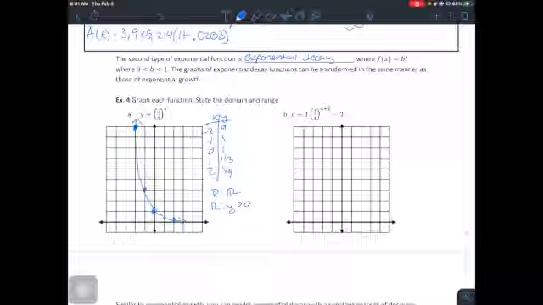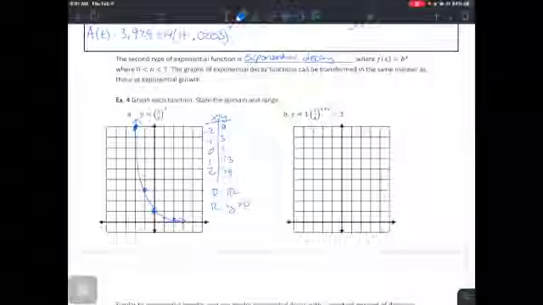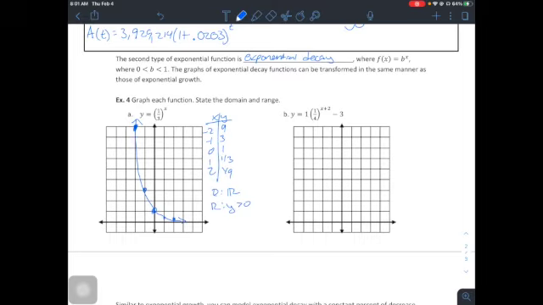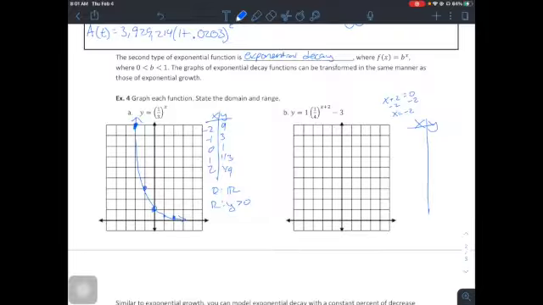Y equals 1 times 1/4 to the x plus 2 power, minus 3. So we have x plus 2 as our exponent. If I set that equal to 0 and solve for x, that's what goes in the middle of my table. So -2 goes in the middle, so then -1, -3, 0, -4.